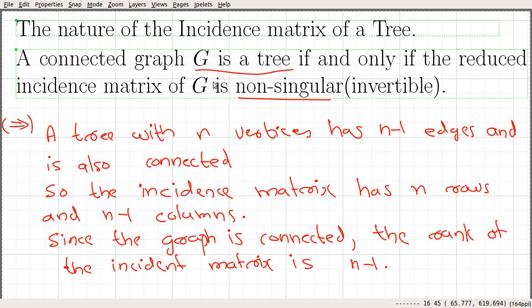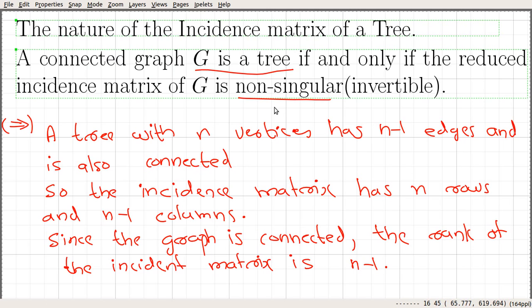Okay, so we are going to prove the contrapositive of that statement, and that says, if a connected graph G is not a tree, something like with n vertices and n minus 1 edges, then the reduced incident matrix of that graph is singular. Okay, equivalent statement.